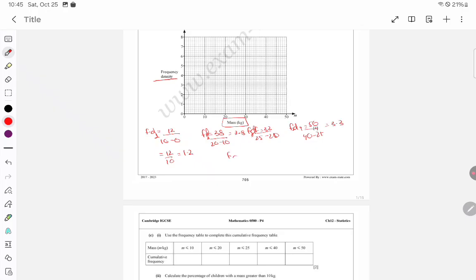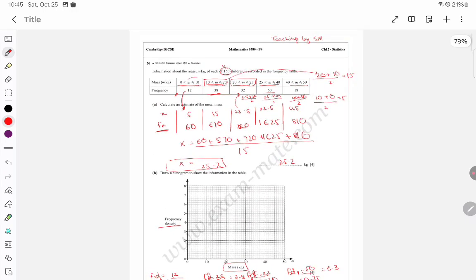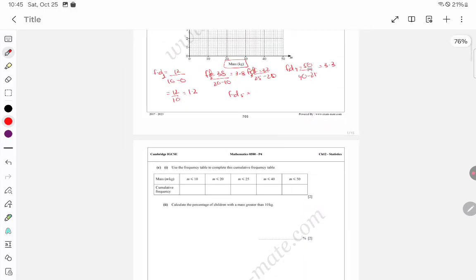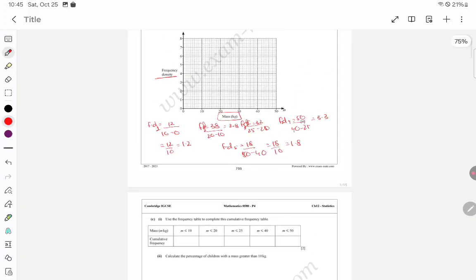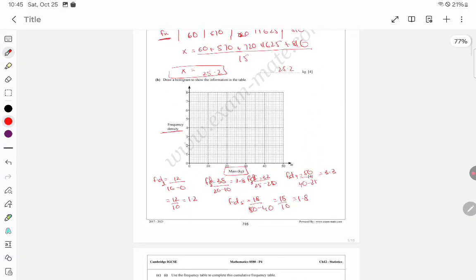For the fifth, frequency is 18, and 50 minus 40 is 10, so 18 over 10, which is 1.8. So we get all our frequency densities.